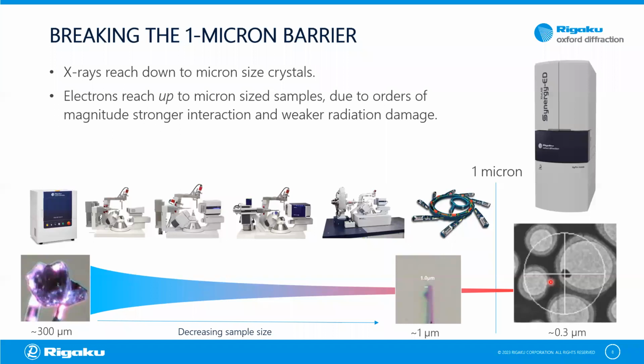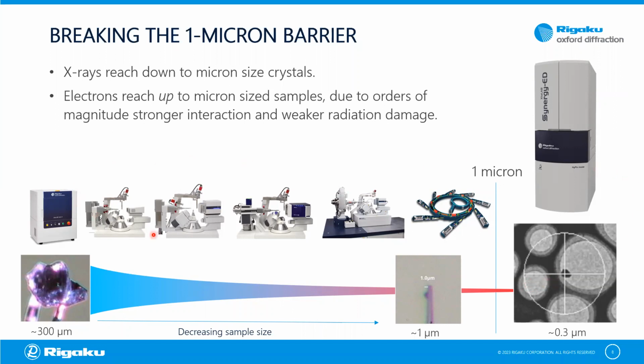So crystals that are in the submicron range down to even tens of nanometers can be studied very nicely with electrons due to the strong interaction, but also because electrons, if normalized to the amount of information you get from elastic scattering into your Bragg peaks, cause way less damage to any sort of crystal, which allows you to get a full data set from single or a few grains without causing too much radiation damage.